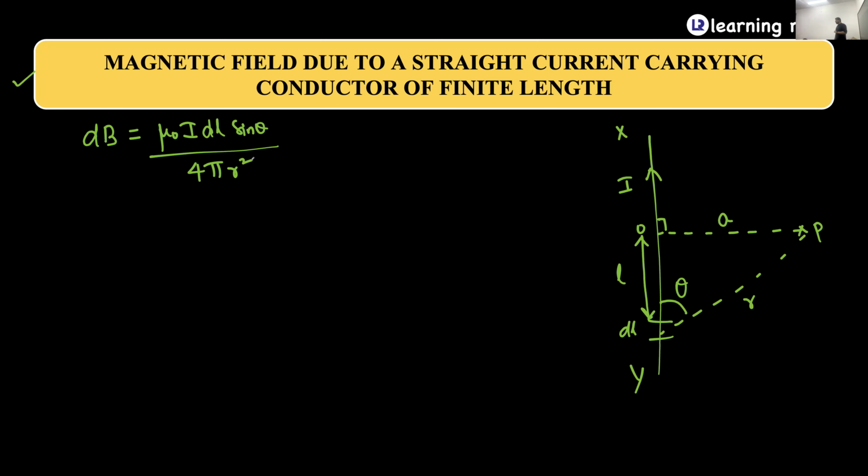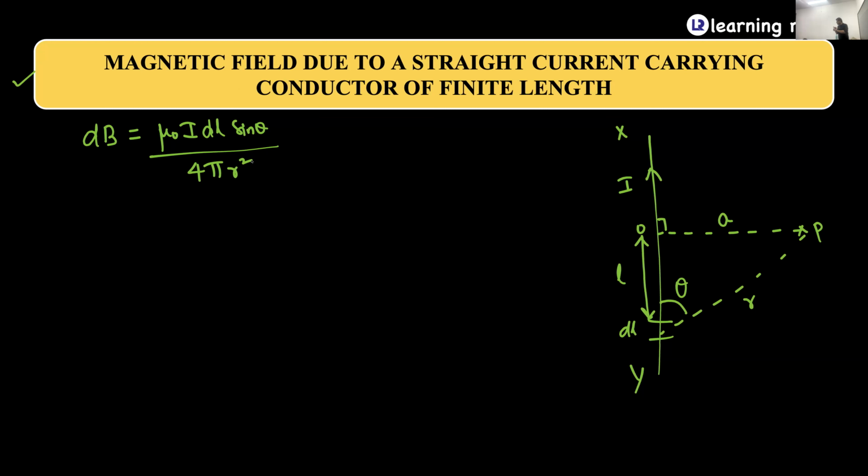But there is a challenge here. Thing is, I cannot integrate this function because this dB is not a function of one variable here. It is a function of multiple variables. Let me explain what it means. So here dB depends on many parameters which are mentioned here, out of which let's see which are constants and which are variables.